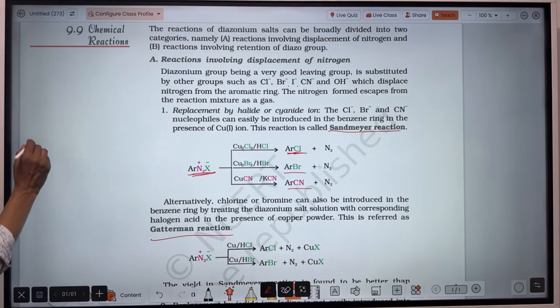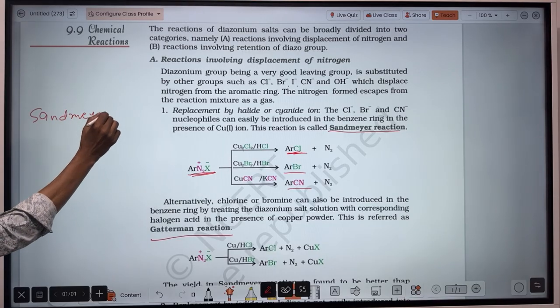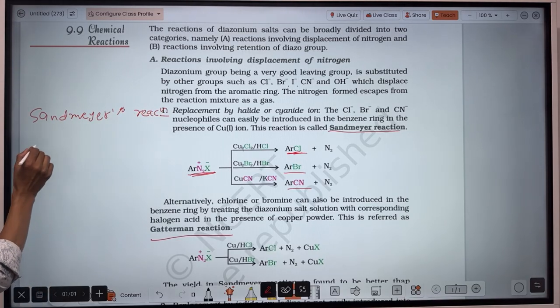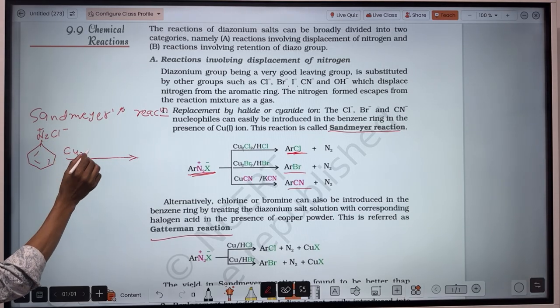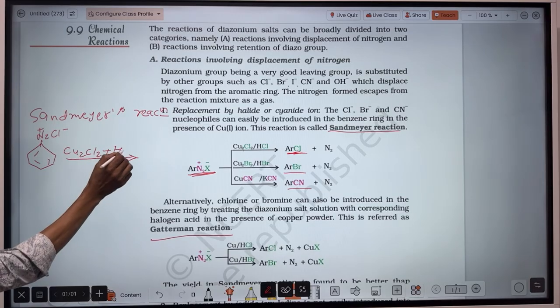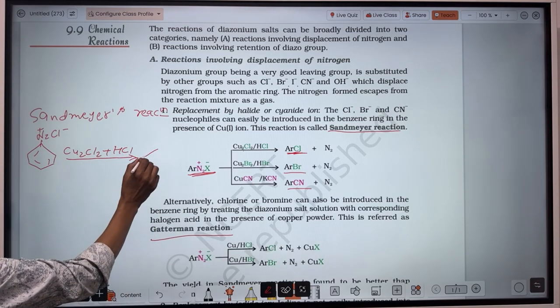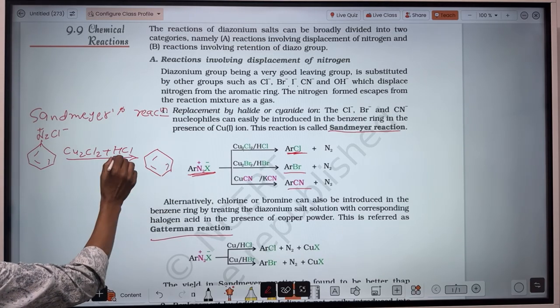Suppose Sandmeyer's reaction: this one you have taken reacts with Cu2Cl2 plus HCl. So what happened?